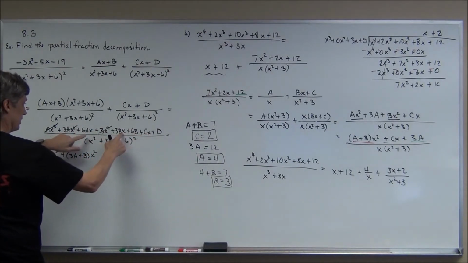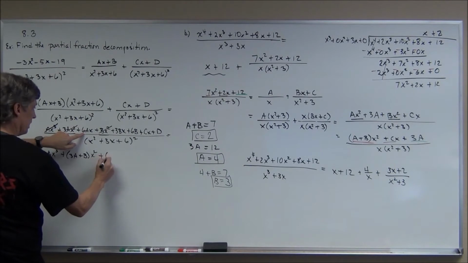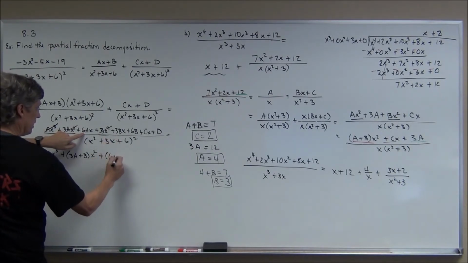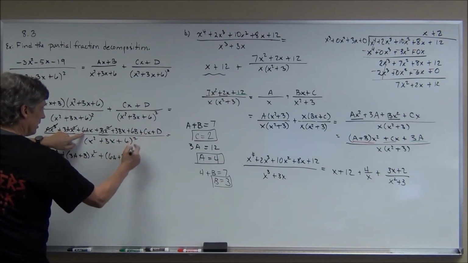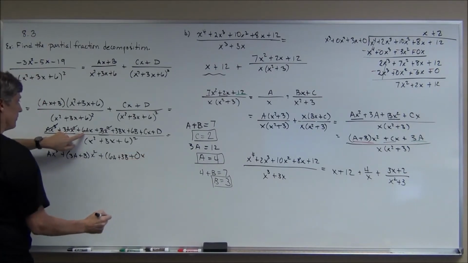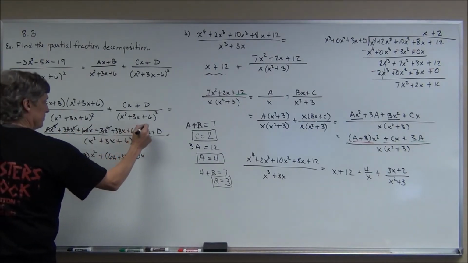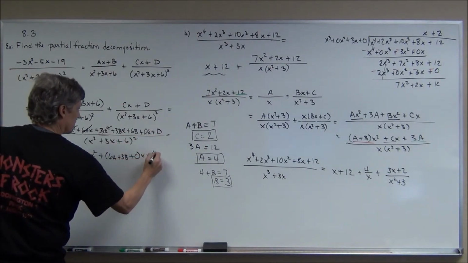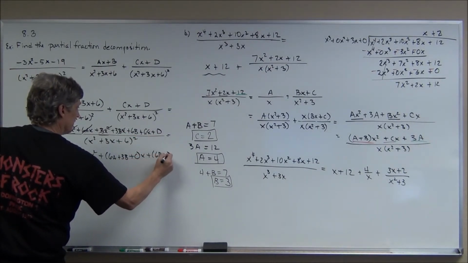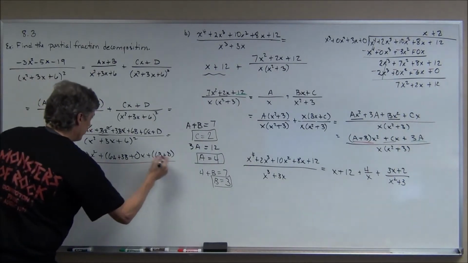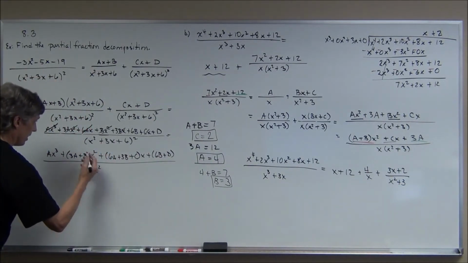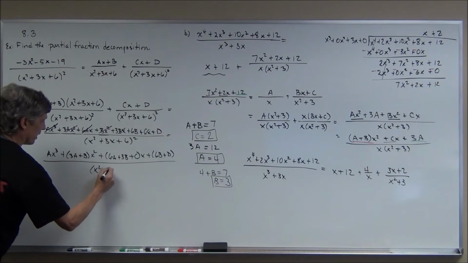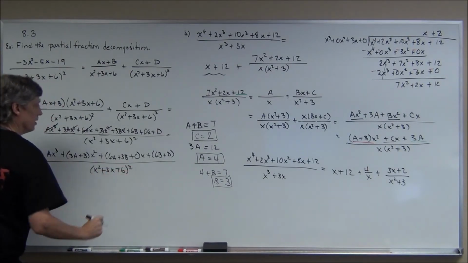This has an x, this has an x, and this has an x. So plus, this would be (6a plus 3b plus c) x. And then these are my constants, plus 6b plus d, and that's all over my denominator of x squared plus 3x plus 6 quantity squared.